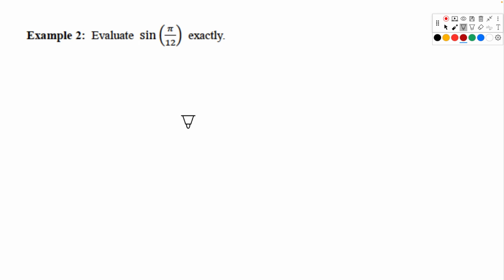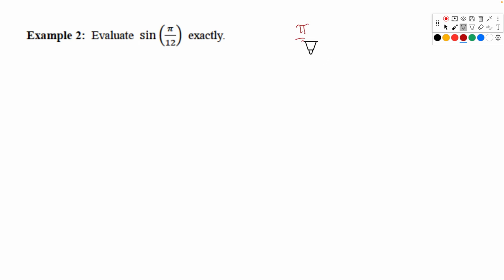All right. Now let's think of this one. This is pi over 12, so we have to be able to work both in degrees and in radians. How can we get pi over 12? And basically, remember, since they wanted exactly, it means we have to have an exact angle. What are our angles?